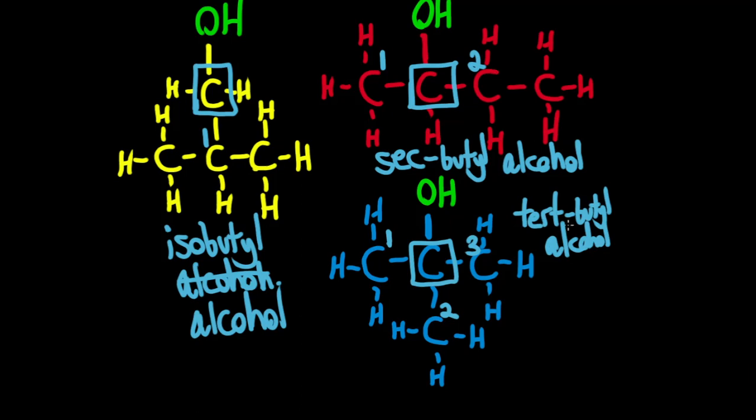And then tertiary butyl in this case means 3, which means that this initial carbon is attached to 3 different carbons. Note that this only applies to the butyl isomers. A summary of these rules can be found in supplement number 5. And I promise that you will get plenty of practice with the butyl isomers throughout chapter 6.